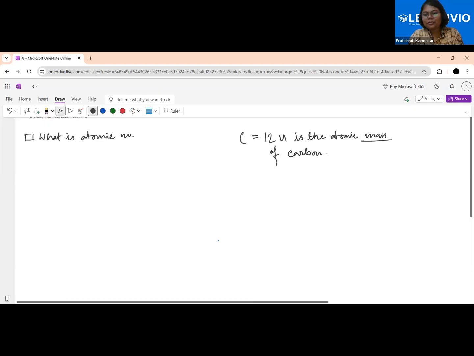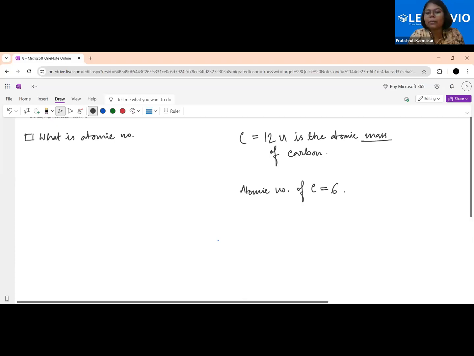6. Is it 6? It is 6. So the atomic number of carbon is 6.